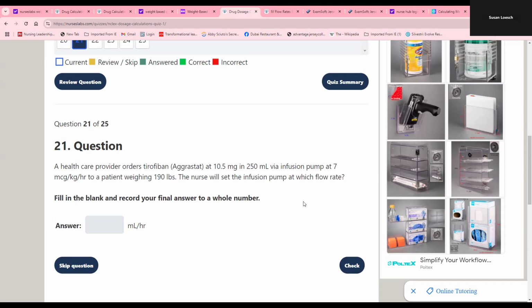Let's see if you can do this one on your own. Remember what you're always going to start with. Because this one's a little backwards from the way you just read your other questions, right? But as long as you know what you need to start with and where you need to end up, you shouldn't have any issues here.